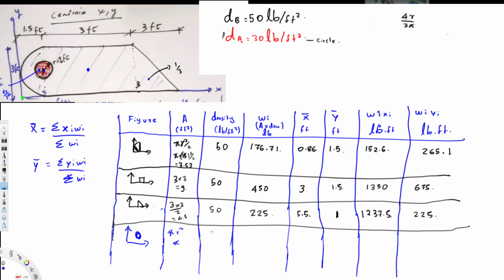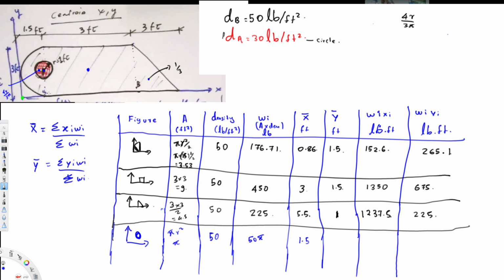And the material is, this is the removing part, so when we remove it's going to be the same material, 50. Now if we multiply 50 times π it's going to be 157. Then x bar is going to be the distance, for this one the distance is exactly the radius, so it's going to be 1.5.